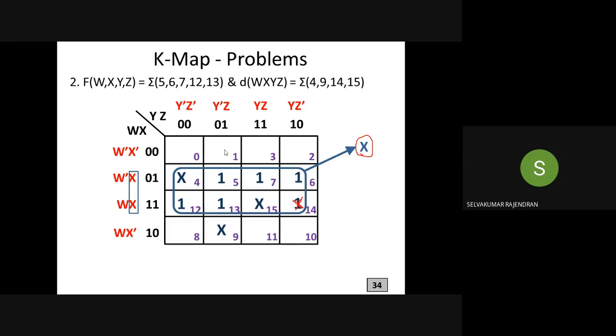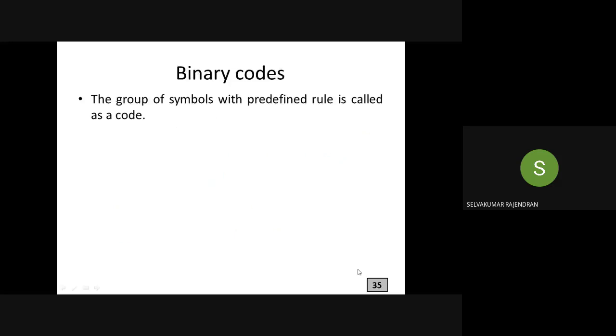On the top, 2 variables are all changed, so there is no common term in the top portion, but in the left portion we have a common term, that is x. This common term is taken as the min term. So this is the final simplified Boolean expression for the given function, f of w, x, y, z, which gives x. Then we will go for binary codes.